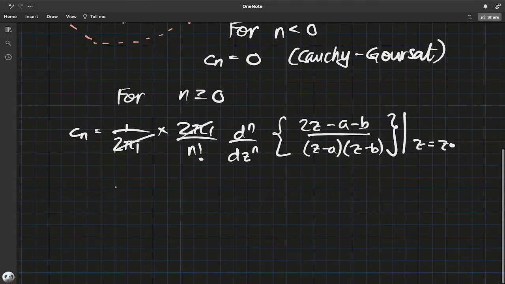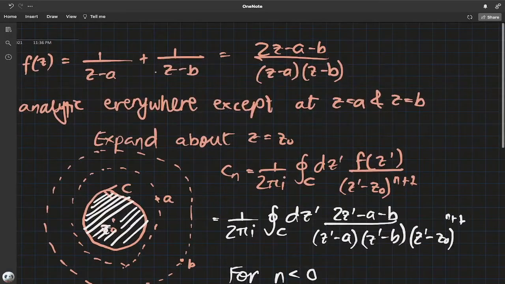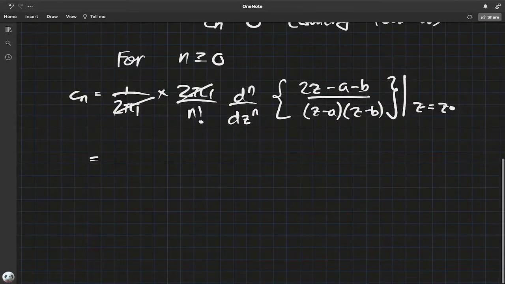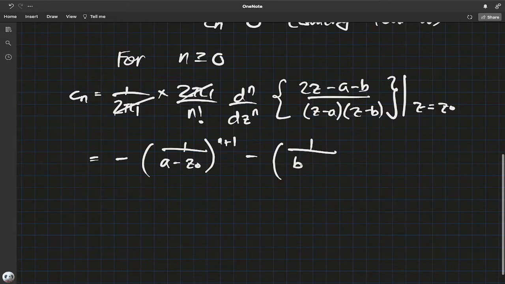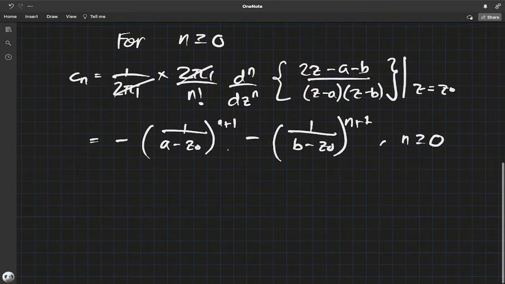If you can cancel this out, since this is basically 1 over z minus a plus 1 over z minus b, we can notice a pattern for the nth derivative, and we actually get negative 1 over (a minus z0) to the n plus first power, minus 1 over (b minus z0) to the n plus first power, for again n equal to or greater than 0. You can check this out, pause the video. This is just basic calculus and arithmetic.